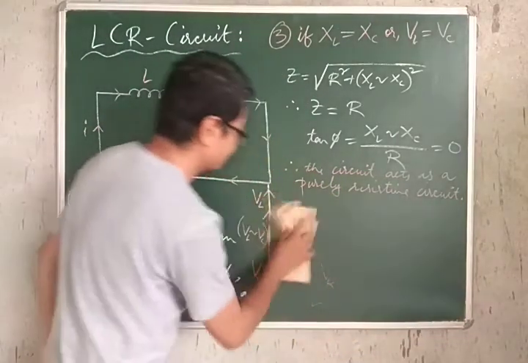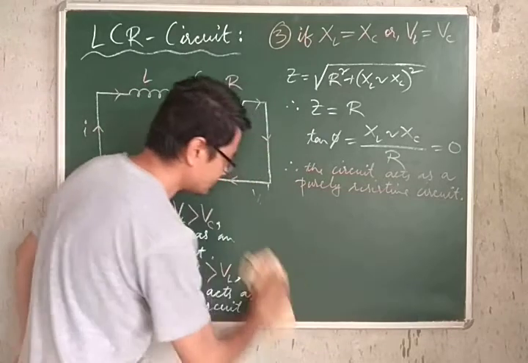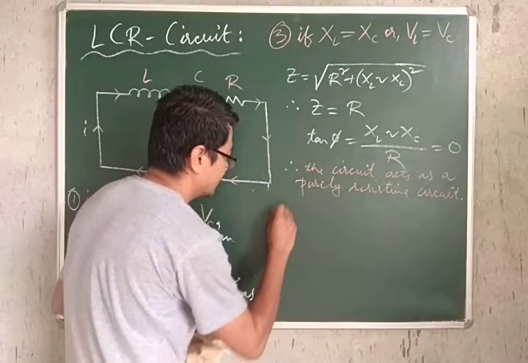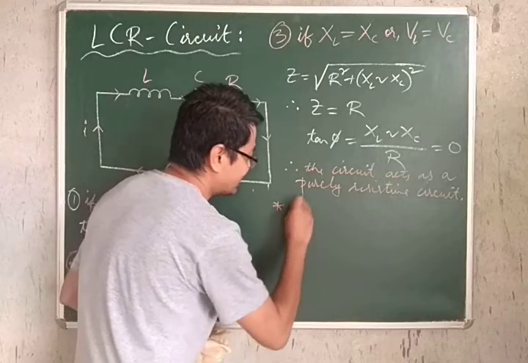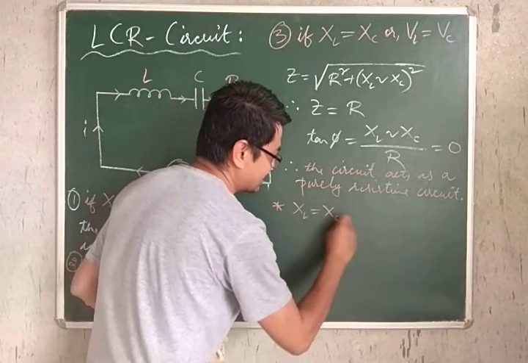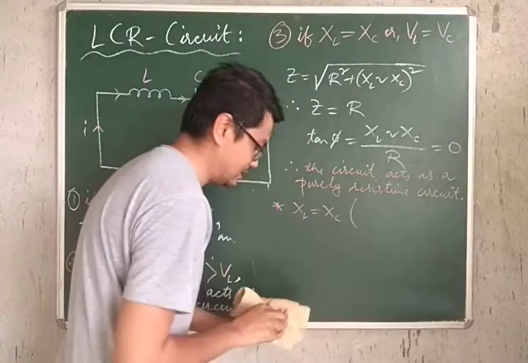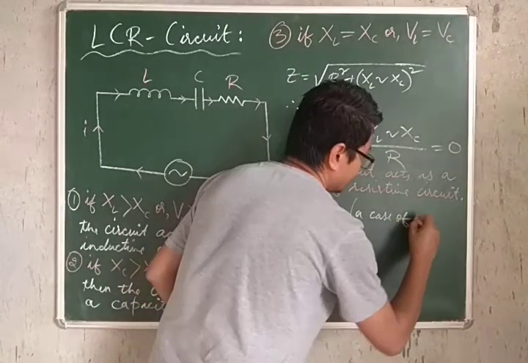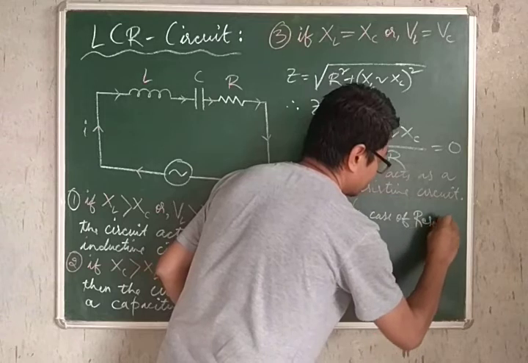I believe you've already copied this. So let me do the conclusion part. So XL is equal to XC. This is a case of resonance.